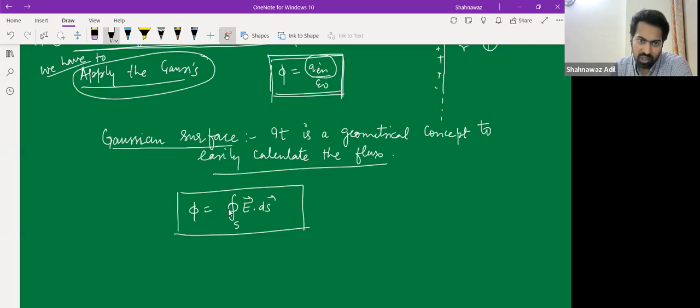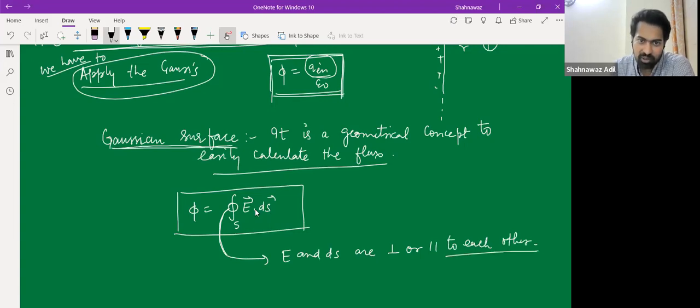So we choose any kind of Gaussian surface whose surface and electric field are either perpendicular or parallel to each other. Right. So if they are perpendicular, so then this would be 0. And if they are parallel, so phi would simply be how much? E ds. Right.